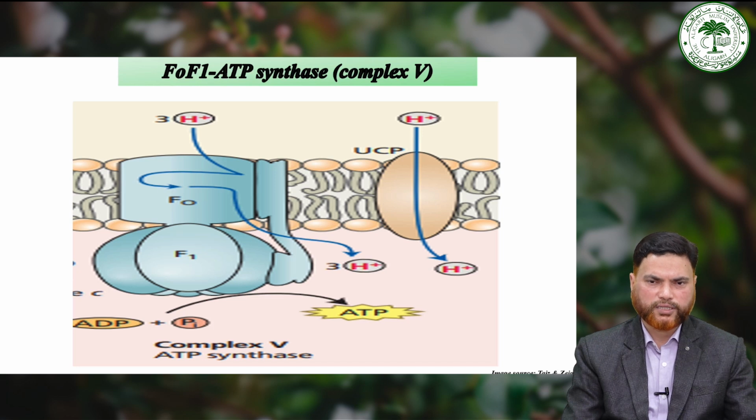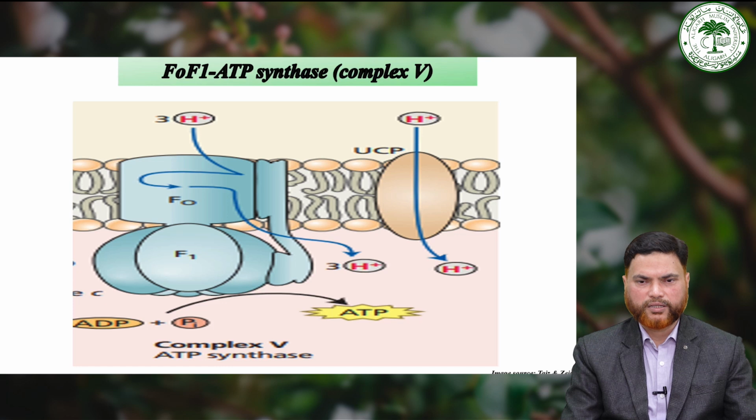Protons flow through the F0 complex from the intermembrane space to the mitochondrial matrix. The F0 rotor subunits rotate, and this rotation is coupled with conformational change in the F1 complex, which enables it to synthesize ATP from ADP and phosphate.